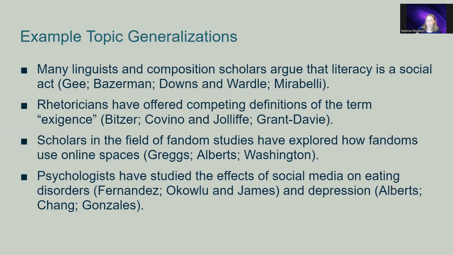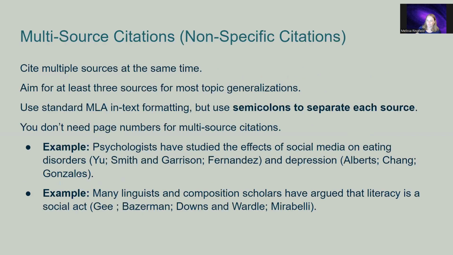Rhetoricians have offered competing definitions of the term exigence. (Bitzer; Covino and Jolliffe; Grant-Davie). You get the idea. So for multi-source citations, remember to aim for at least 3 sources for most topic generalizations. Use standard MLA formatting, except use semicolons to separate each source in the citation. You don't need page numbers for multi-source citations either.